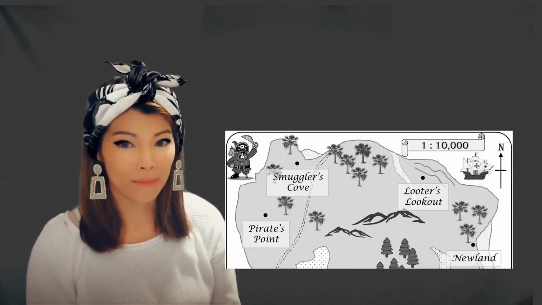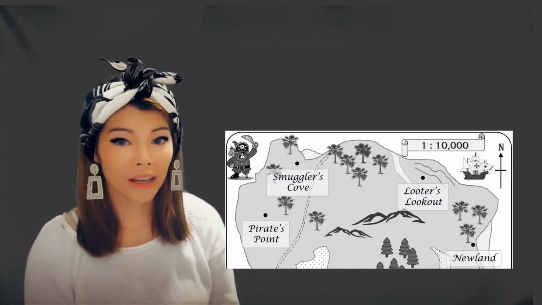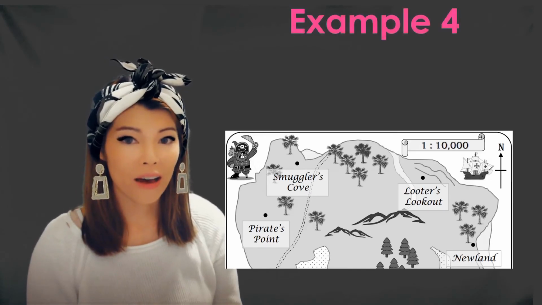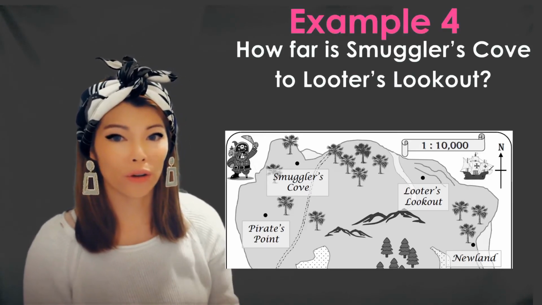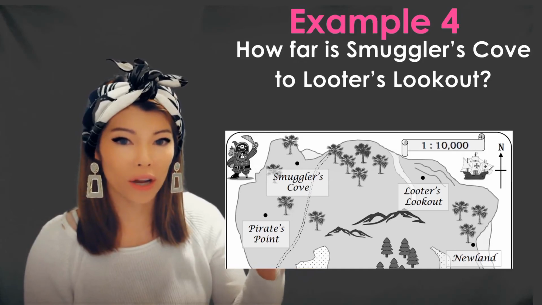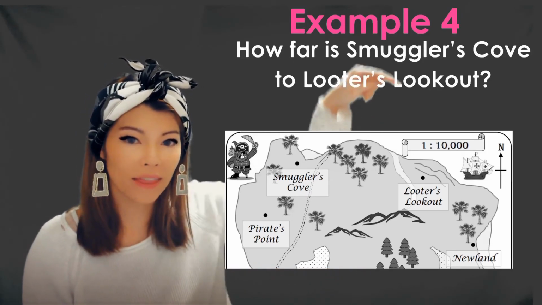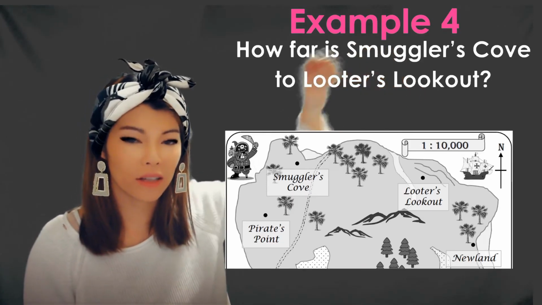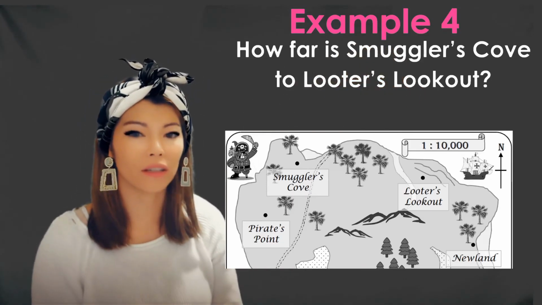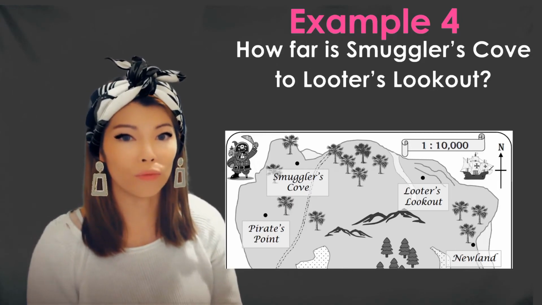One last example. Here we have a map and we want to figure out how far is Smuggler's Cove, which is the first dot up there on the left, to Looters Lookout, which is the one right underneath, with the scale factor of 1 to 10,000. How far is the real distance?